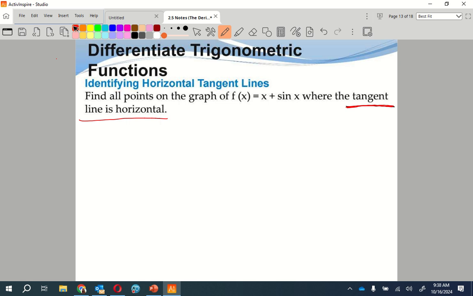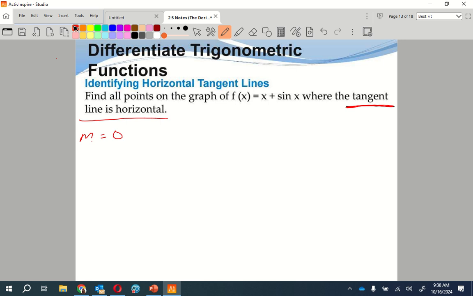It's going to be 0. The slope of the horizontal line is going to be 0. So this m equals 0. Okay, so that's a good thing to start off with. So we have our goal, our direction. So I need to take that function, have the derivative, and the derivative be set equal to 0.